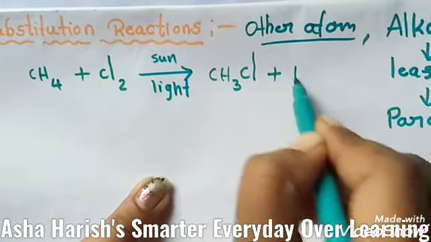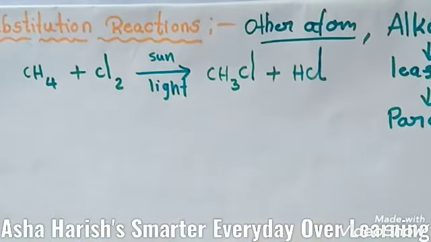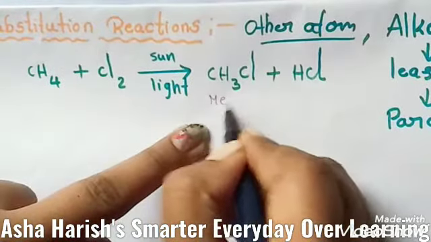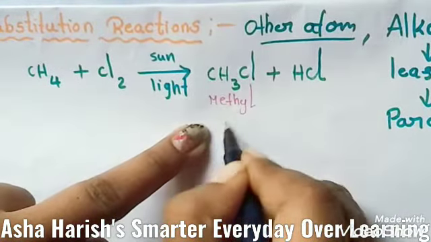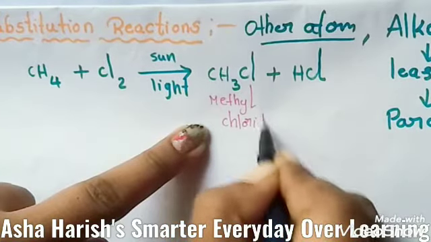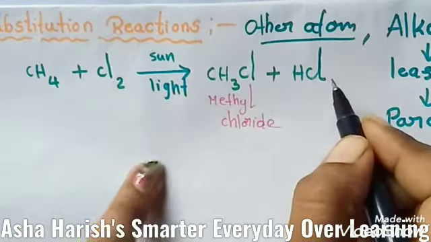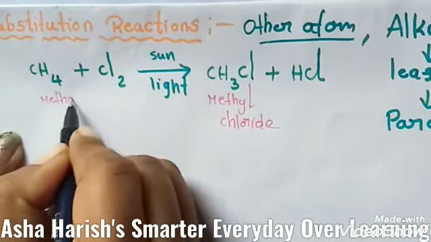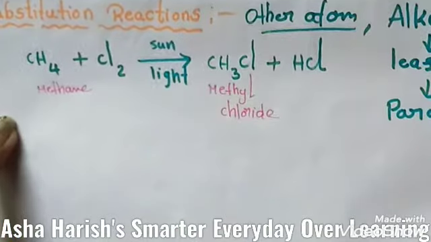CH3Cl with HCl. Here the name of CH3Cl is methyl chloride, and the name of this compound you know very well, hydrochloric acid, and here is the methane.